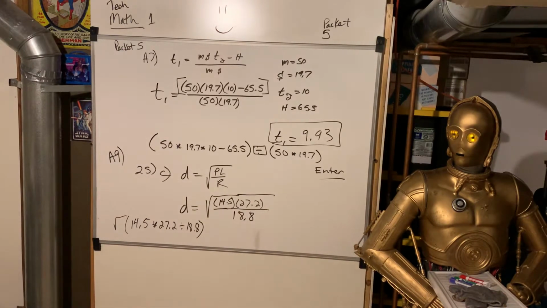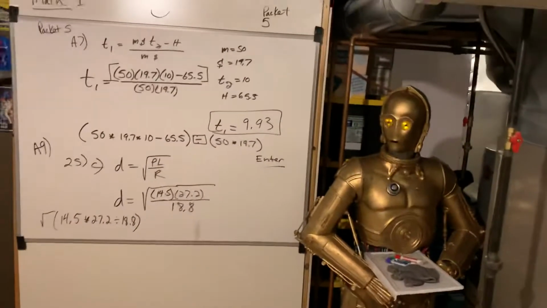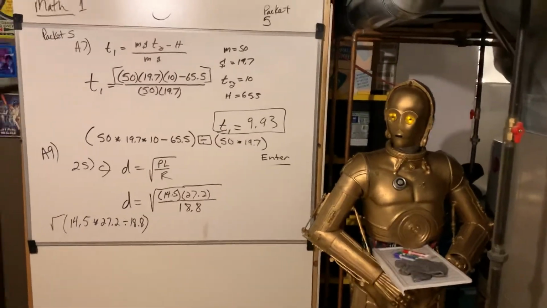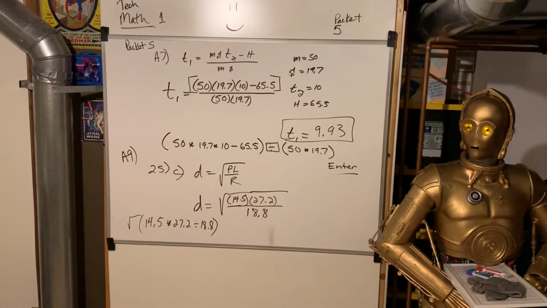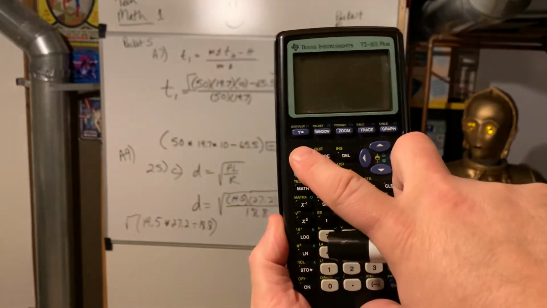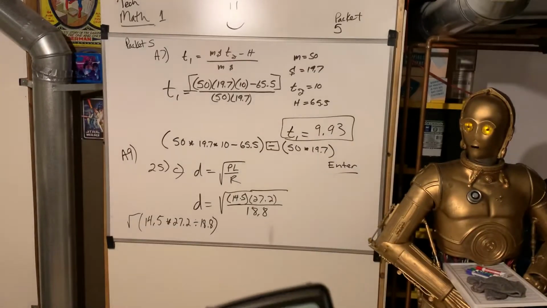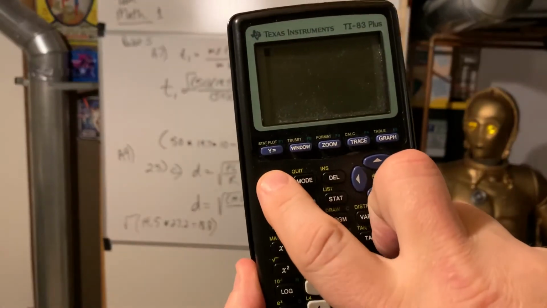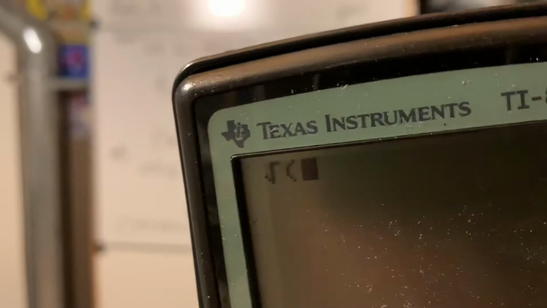and get it done. Let me demonstrate again. Oh boy. That's always fun, huh? Okay, yay, and I didn't swear. Okay, so here we are. Second. So we hit second and then the x squared button right there. And that brings up the square root with the parenthesis.